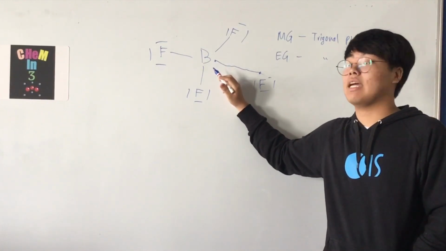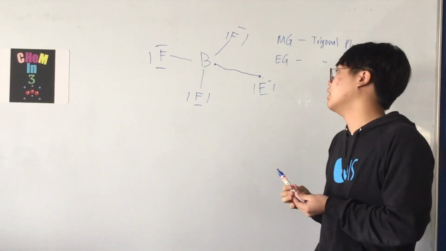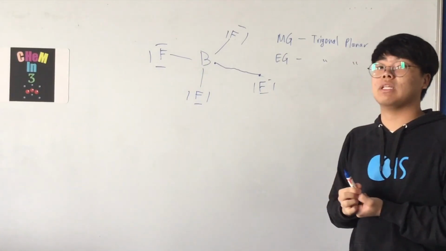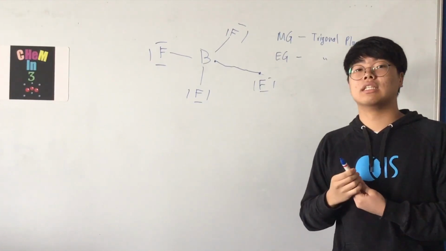Boron acts as the electron acceptor, hence Lewis acid, and the fluorine minus would be the electron donor, which means that it is the Lewis base in this case.